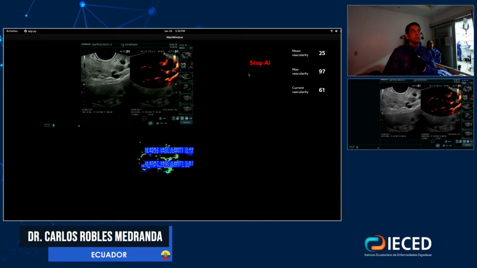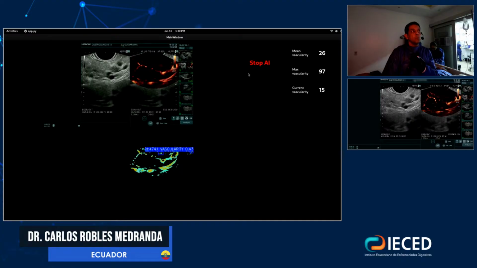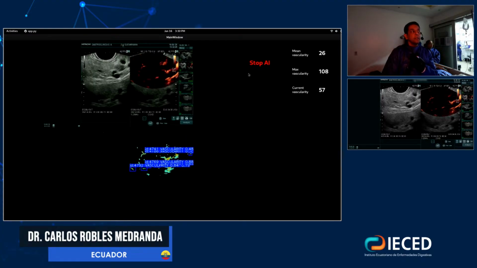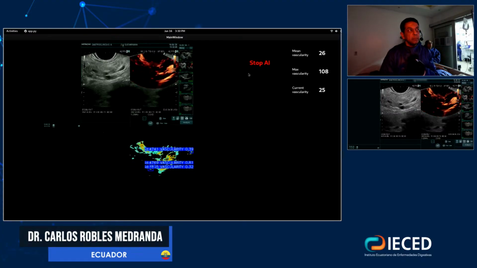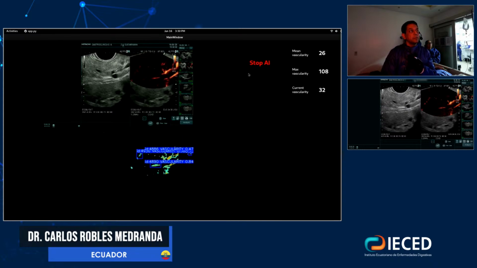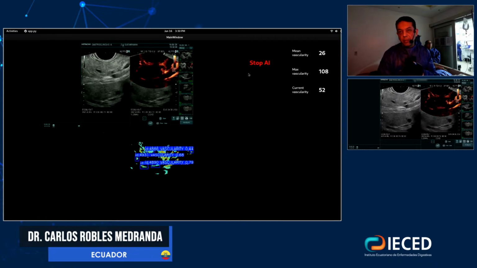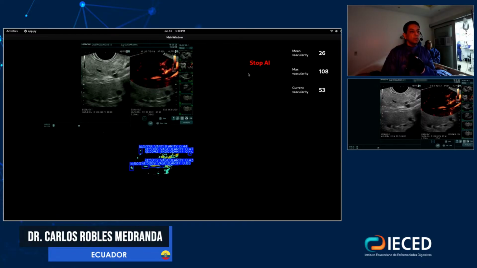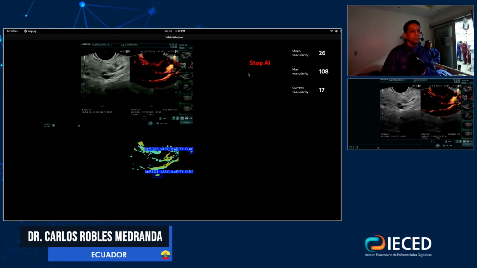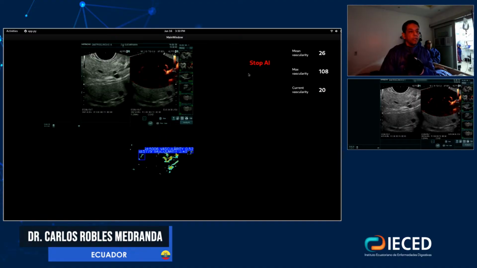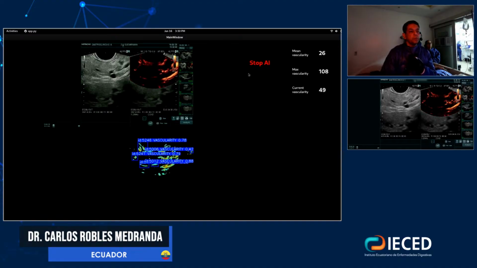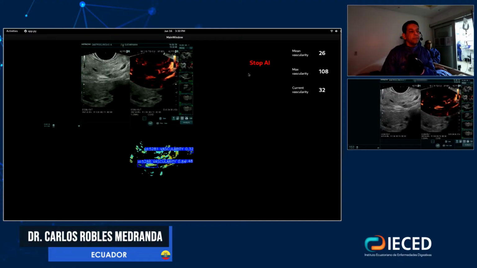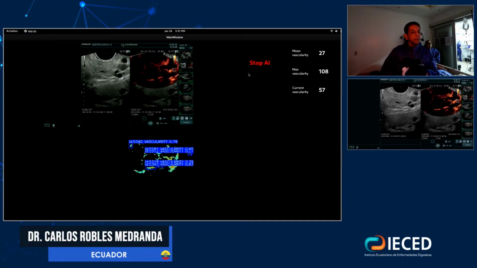Okay, so the AI is very interesting and works very well even in abdominal ultrasound. So I hope to see this technology in a few years, with access for all of you worldwide. But well, we are still working on this, improving and improving. This is one of the things that I believe is very important.